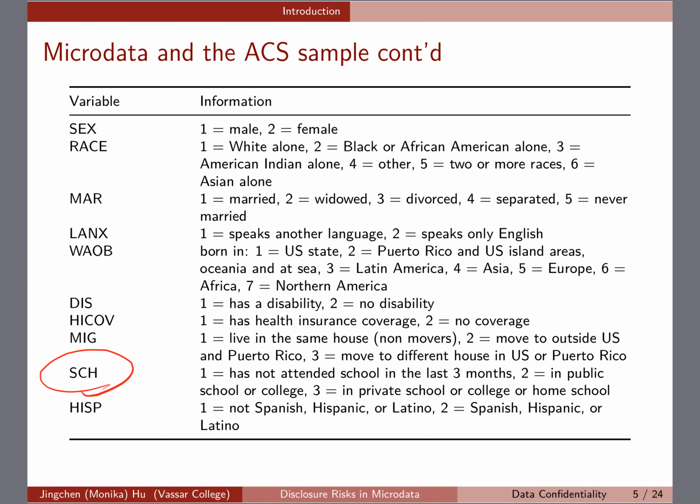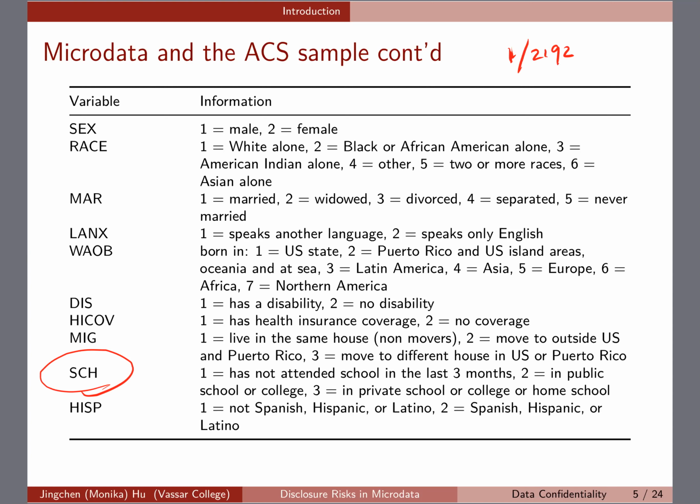So any kind of risk I was talking about, like 1 divided by 2192, if I just want to do a random guess of which of the 2192 people is my neighbor, I can just guess, right? But I don't know if it's true or not. And the intruder would never know if it's true either. He can just make his best guess, and that's it. But from our point of view, if we assume that the ACS sample we have is the truth, then we are able to evaluate whether it is true.